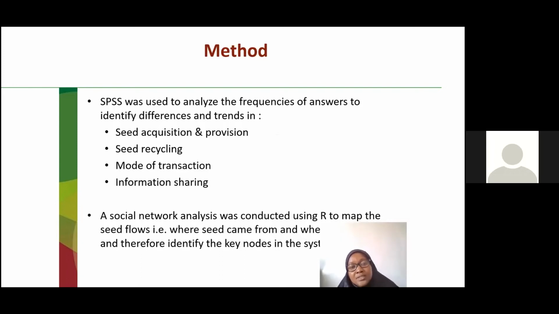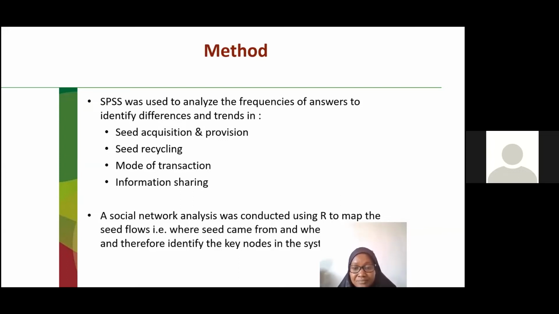We used SPSS to analyze the data, whereby we analyzed the frequency of answers to identify differences and trends in seed acquisition and provision, seed recycling, mode of transaction, and information sharing.